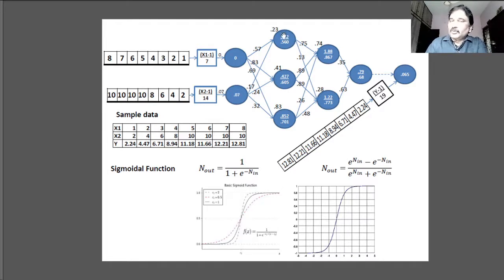To get the neuron output, you process that neuron input using a sigmoidal function. The purpose of using the sigmoidal function is to make sure that the data at the neuron which progresses ahead lies between 0 to 1 in this case, or between minus 1 to 1 in this case.